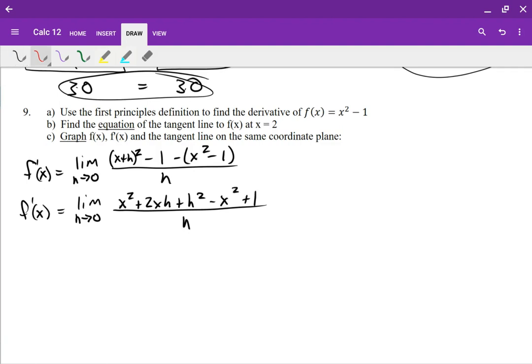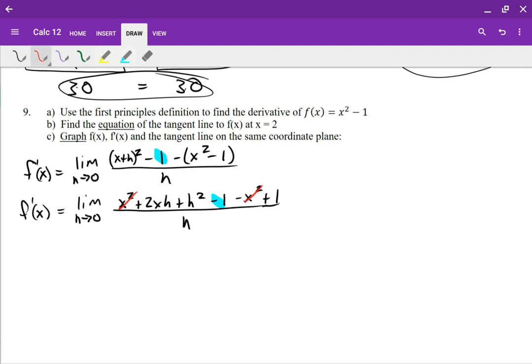And this is all still over h. This x squared and that negative cancel. Oops, forgot a minus 1. Minus 1 minus x squared plus 1. This minus 1 I forgot. Now it's there.